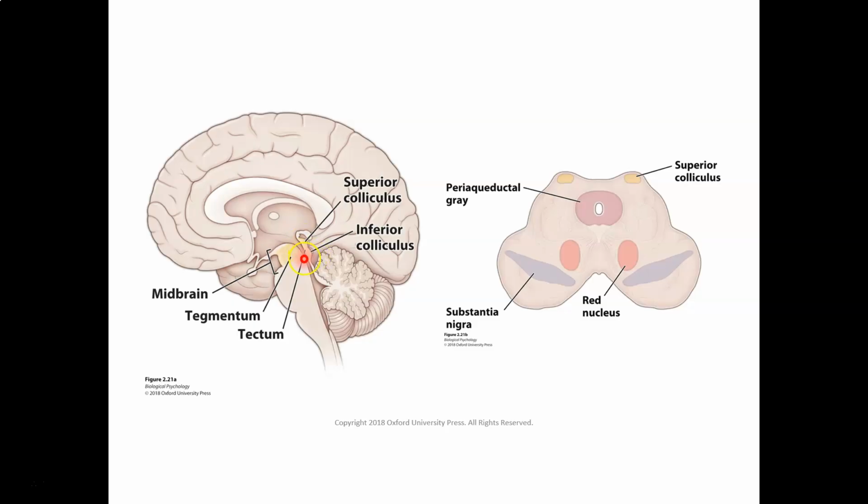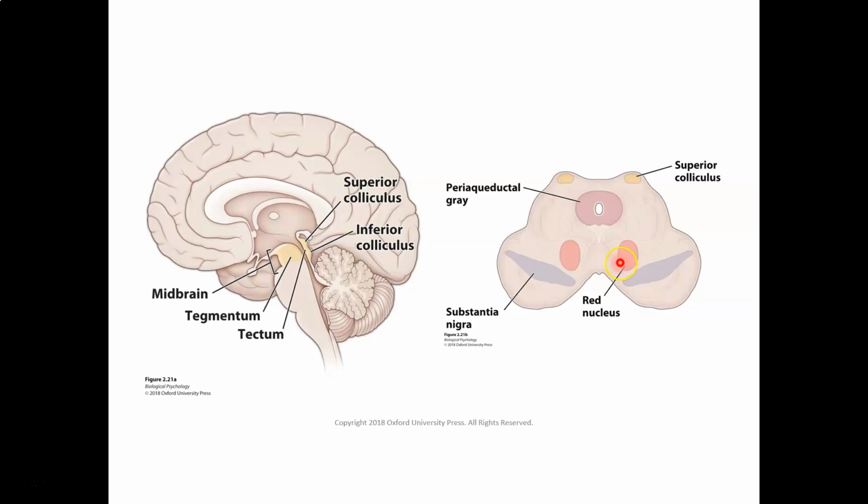The tectum is what the colliculi are made of. Then you have a space in between that separates the tectum from the tegmentum. The tegmentum sits below, and here's a slice of the tegmentum. We have the periaqueductal gray, right? It's called periaqueductal gray because it surrounds this space called the aqueduct, and it's gray because it's filled with cell bodies of neurons.